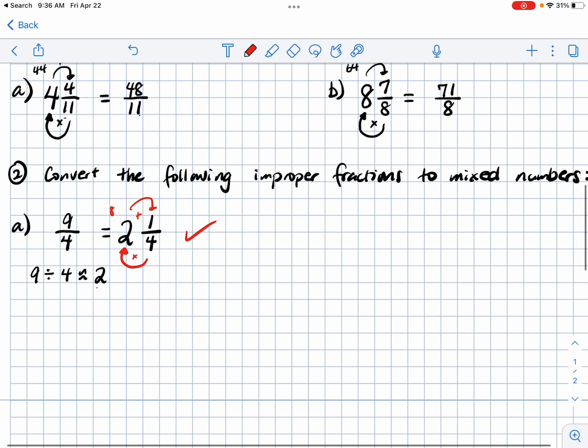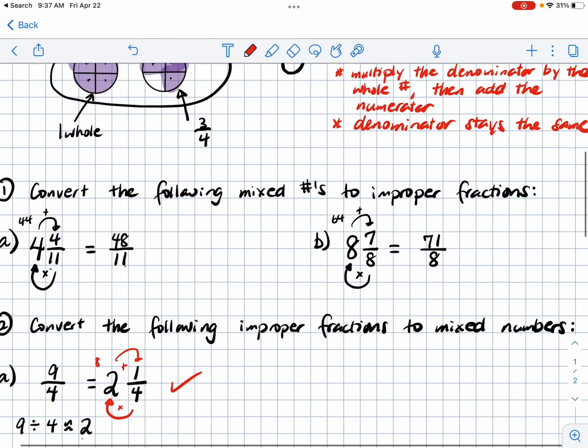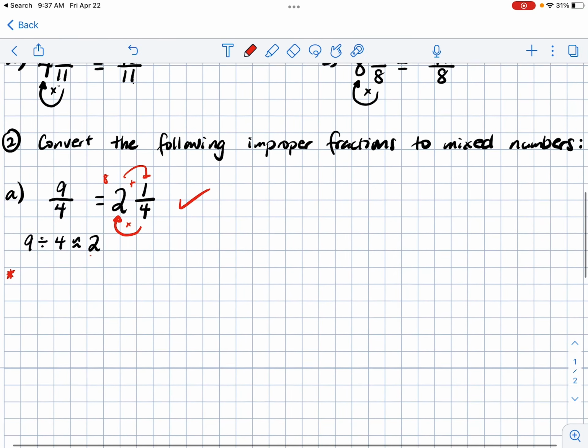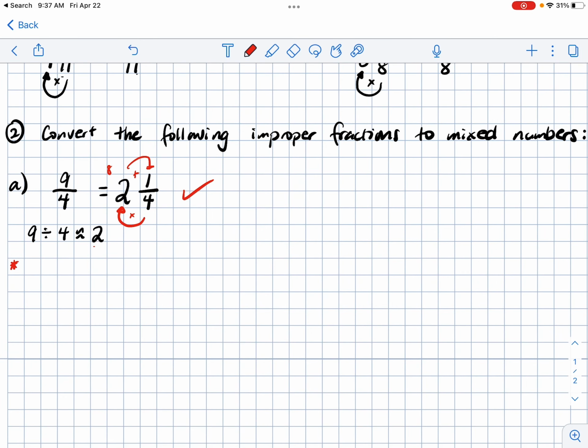Okay, so again, I'll jot this down just so you remember. When you're converting improper fractions to mixed numbers, you divide the numerator, I'll abbreviate, by the denominator.